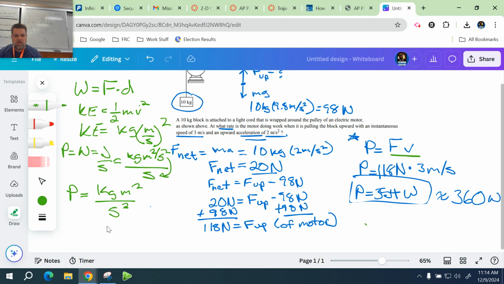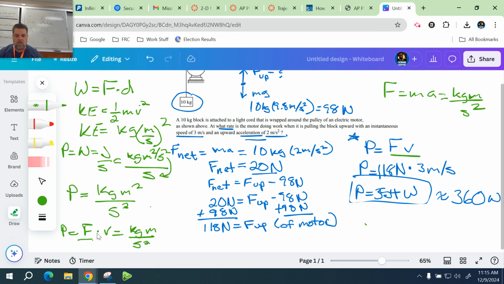So if I say that power is equal to force times velocity, remember that force is mass times acceleration, or in terms of dimensional analysis, kilograms times meters per second squared, because the acceleration is meters per second squared. So for force I get kilogram meters per second squared.